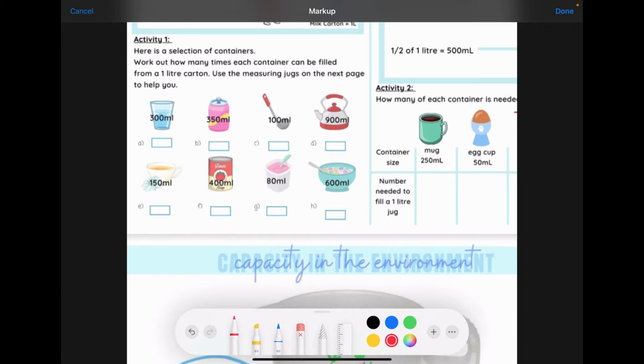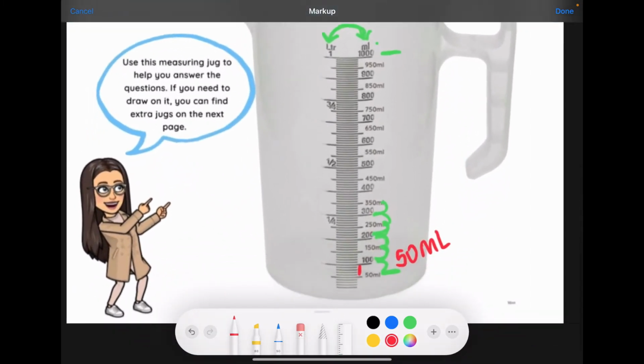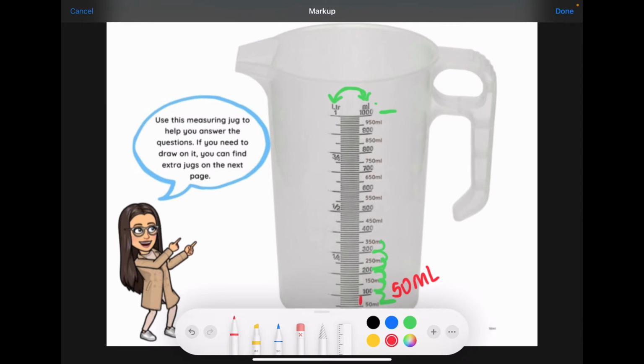And that's really important because some of the containers above aren't always exactly 100 mils or 300 mils. So we have this little guy here, the yogurt tub, and that's actually 80 mils. As we can see on our measuring jug, we don't have an actual increment that is 80 mils. So you'll need to figure out, if we look at the 50, where would 80 sit? Okay, so that's something to think of.